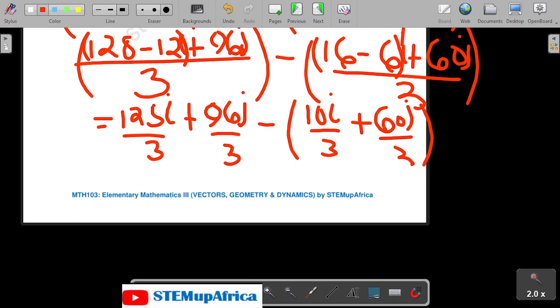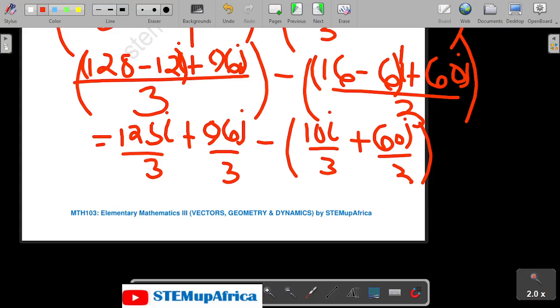So I will not deal with 125 and 10 because both of them are I. That will give us 125 minus 10, that will give us 115 I over 3. That will give us 96 minus 60, 36 J over 3.